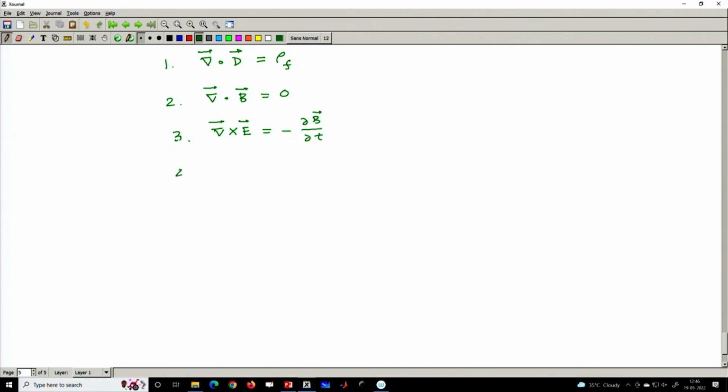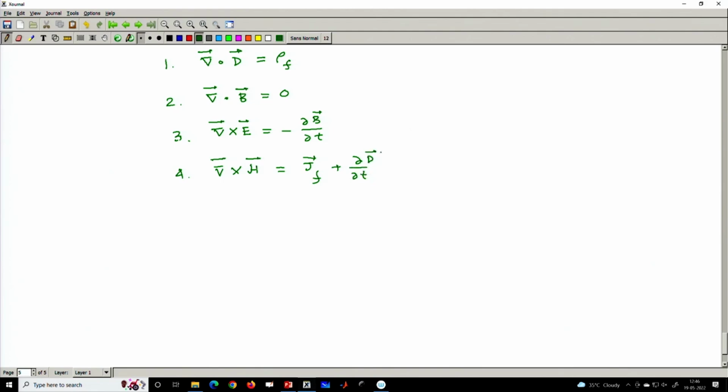Finally, the fourth equation has certain modifications: it should be Jf plus del t of the vector D.